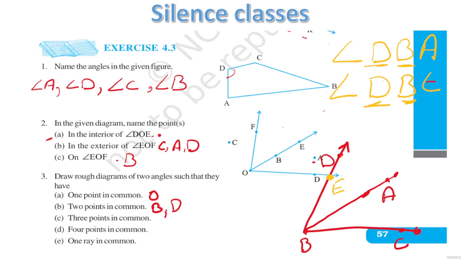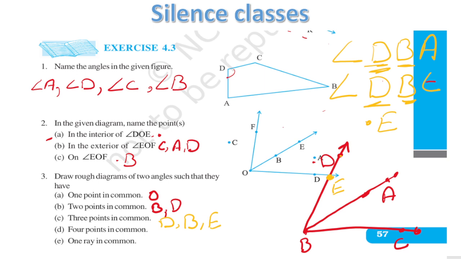If I am taking DBC, E is also there. So point E is also common. So D, B, E are the 3 points.